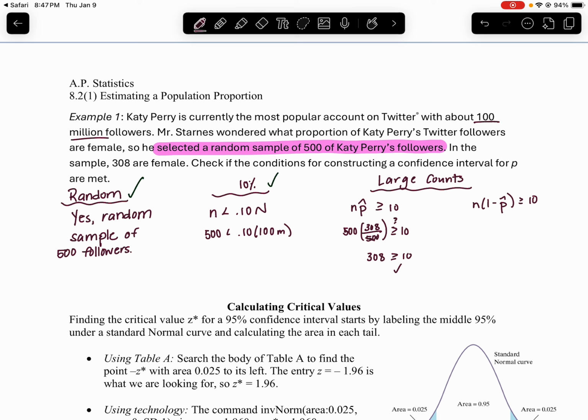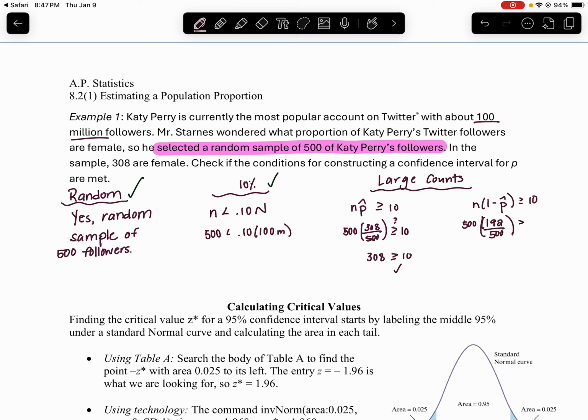So success is getting the female followers. The failure is male followers. So if we take 500 down here, or 1 minus our p-value, which is 308 out of 500, we're going to get, I'm actually just going to write this out, we get 192 over 500.